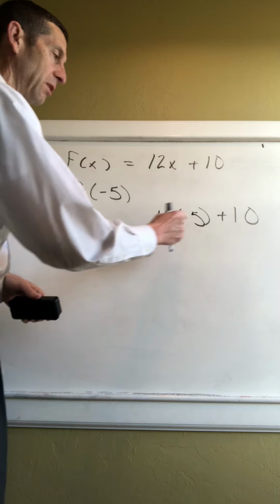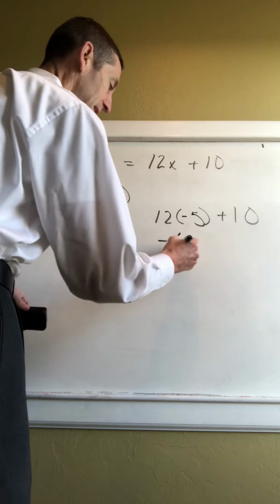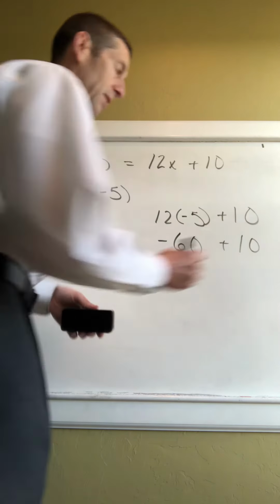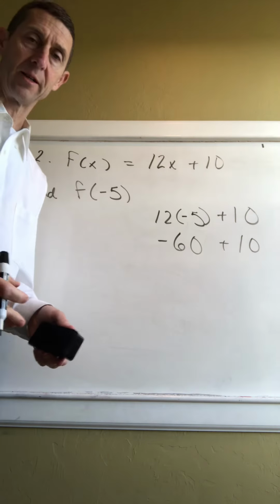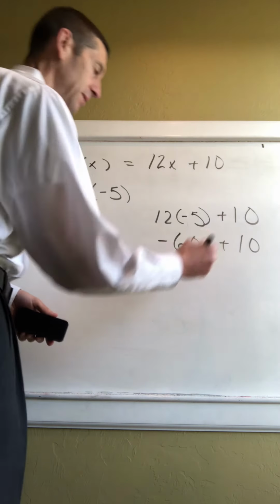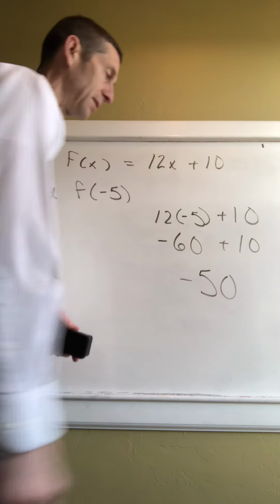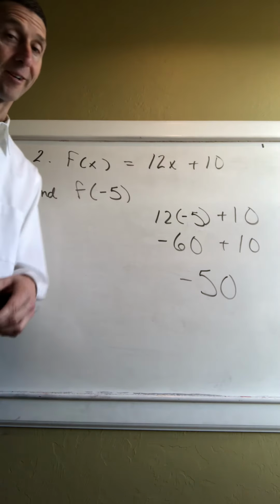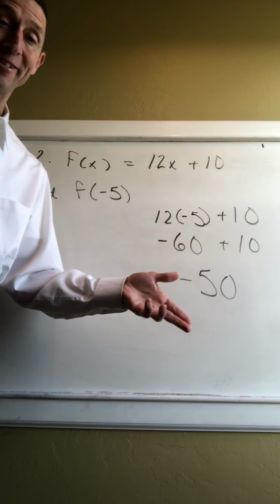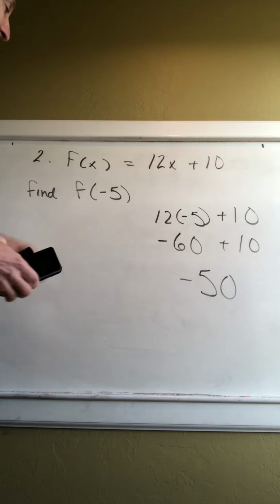So now you're taking 12 times negative 5, which is negative 60. So it gets a little trickier with the negative sign, but as long as you're paying attention, it's not bad. Negative 60 plus 10, and that's negative 50, and that's your answer. So I was telling you guys, you're going to like these problems today. Okay, so there's 1 and 2.